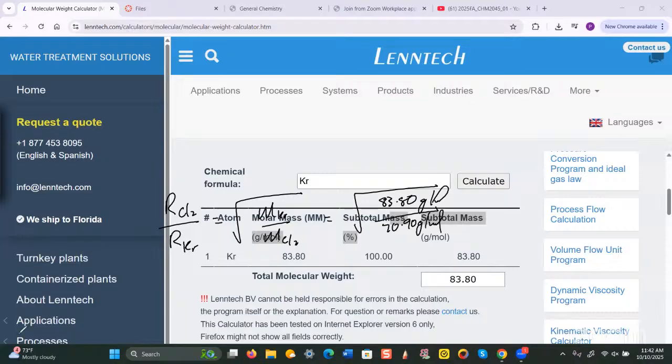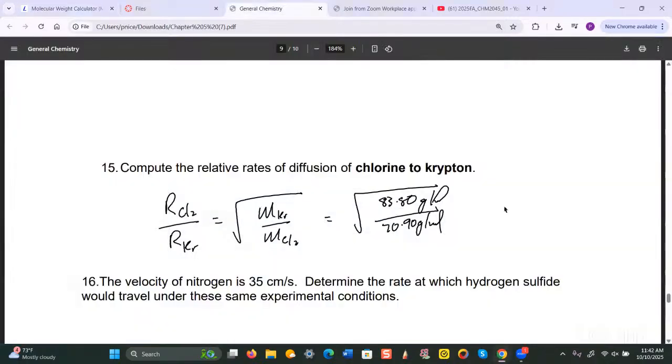Okay, so all we have to do now is crunch these numbers. 83.80 divided by 70.90, and then find the square root of that. And according to my calculation, the answer when rounded off to 4 sig figs is going to be equal to 1.084.